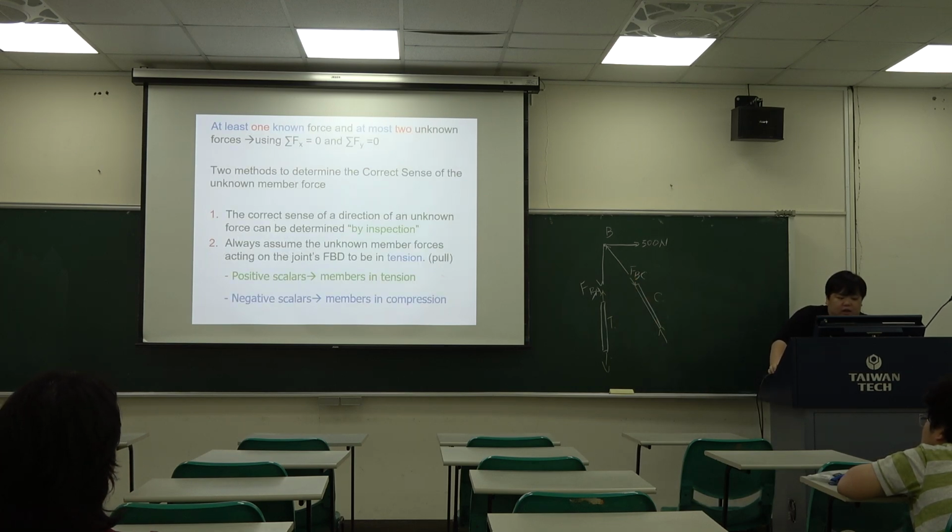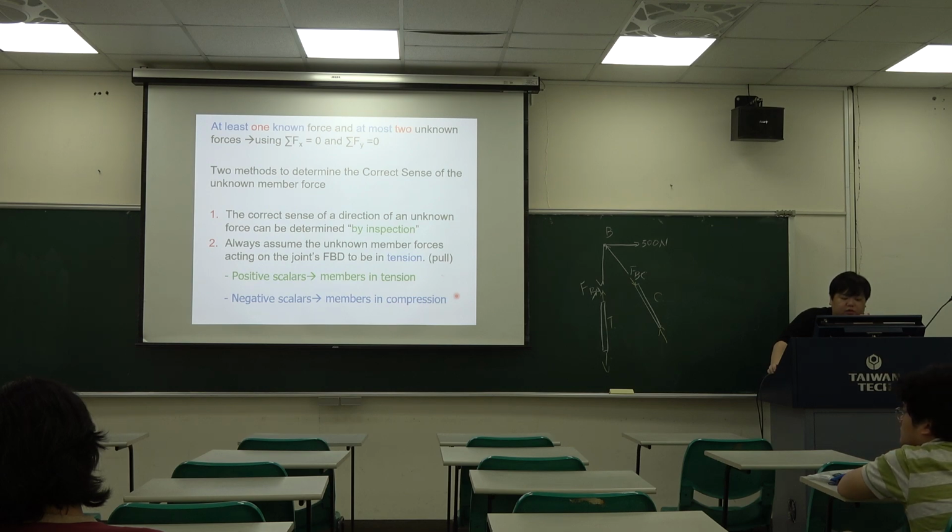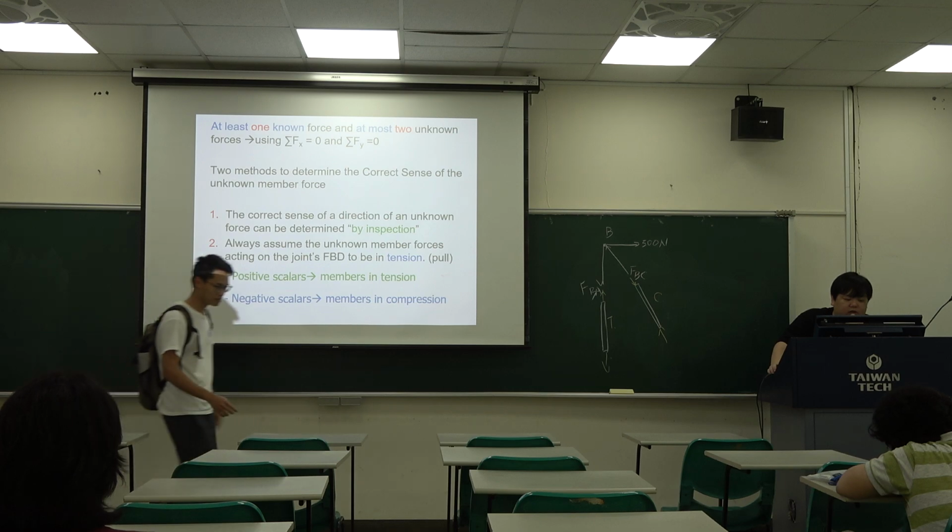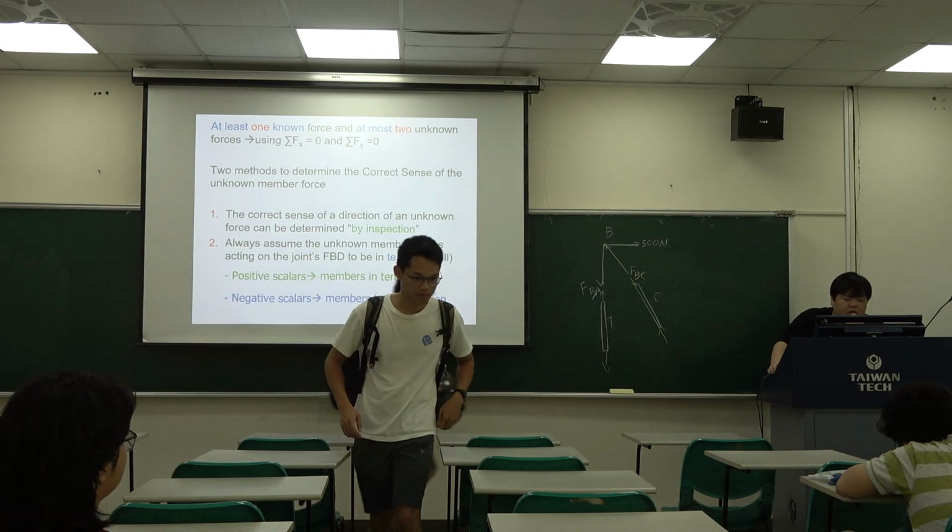At least one known force and at most two unknown forces, so we can use the summation Fx equals 0 and summation Fy equals 0, and two members to determine the correct sense of the unknown member force.